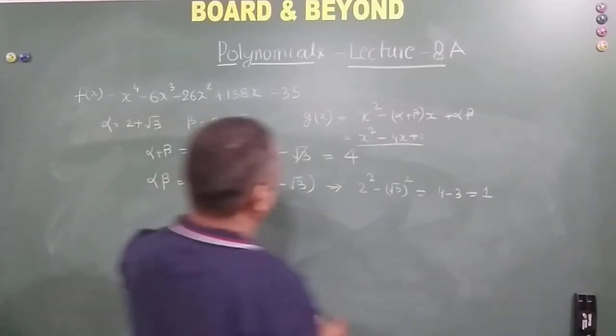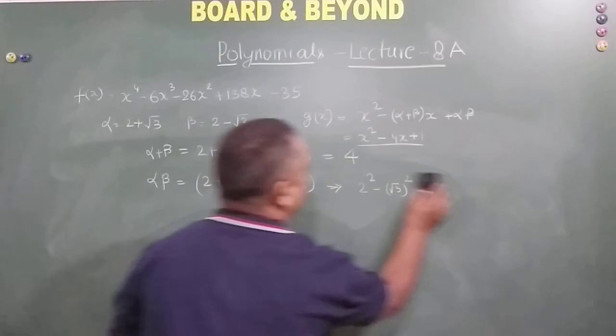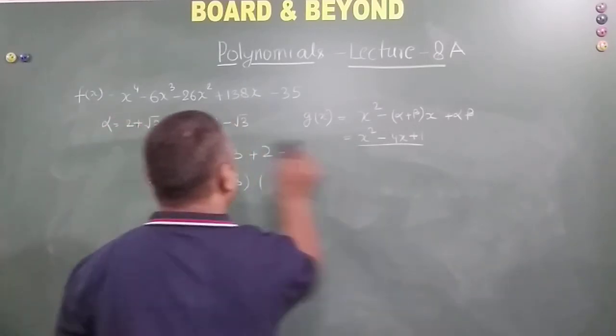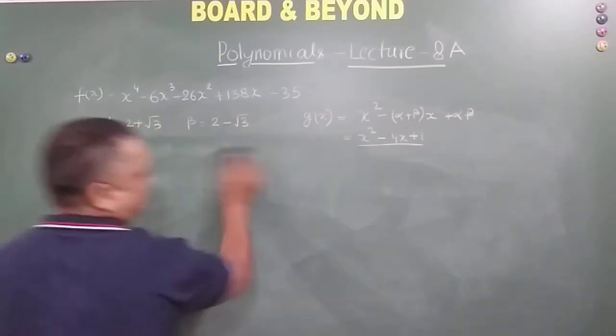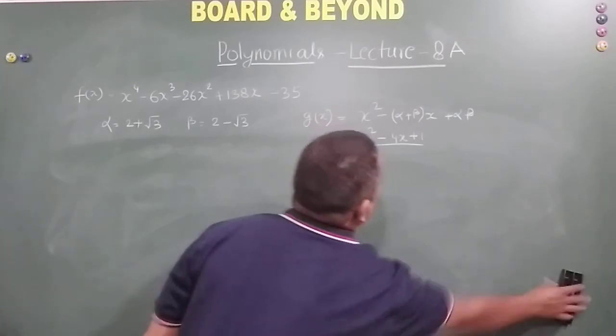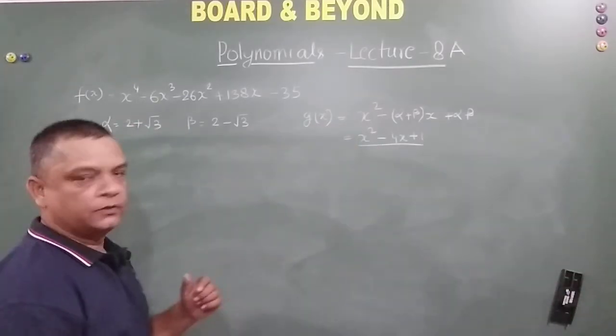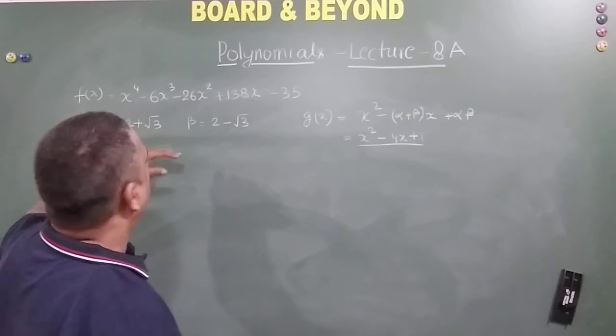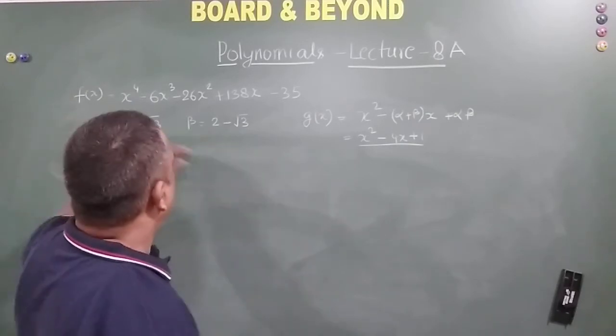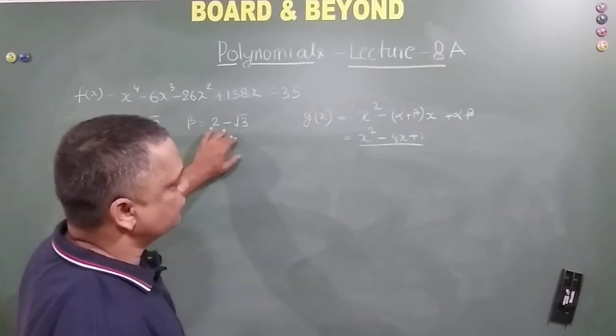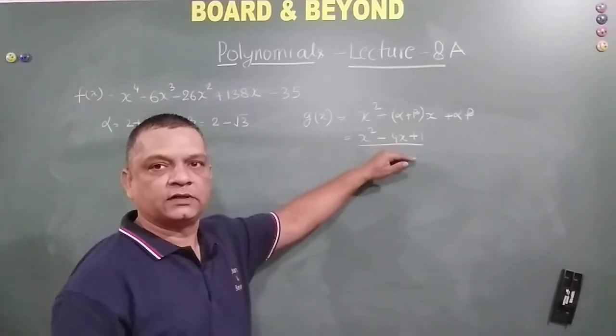So basically I'll rub off this part and try to explain why we have found this, right? Now friends, as I said earlier, from these two roots we have formed a quadratic equation, right?